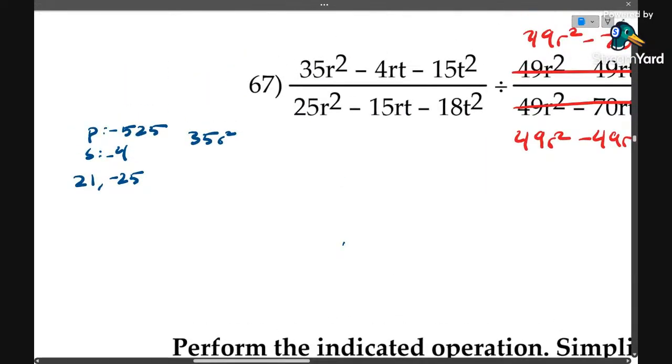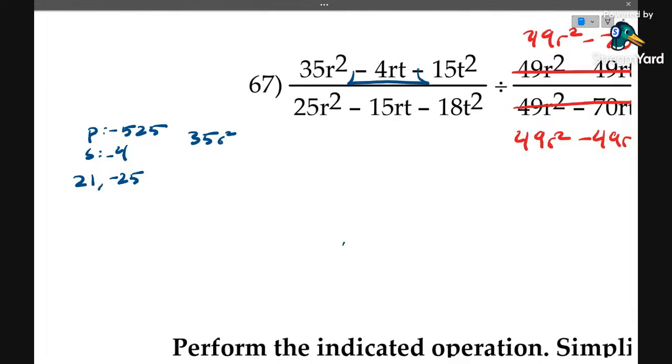All right, so 35r squared, and then we're going to split negative 4rt into 21rt minus 25rt. So if we combine those like terms back together, we get negative 4rt plus 15t squared.